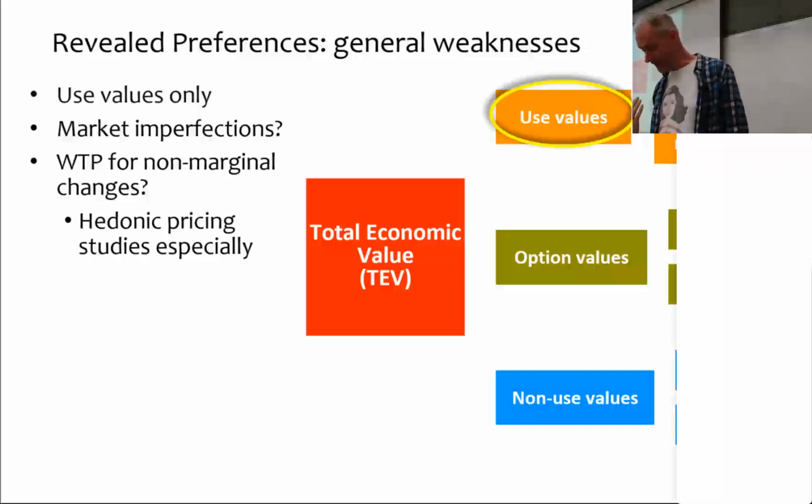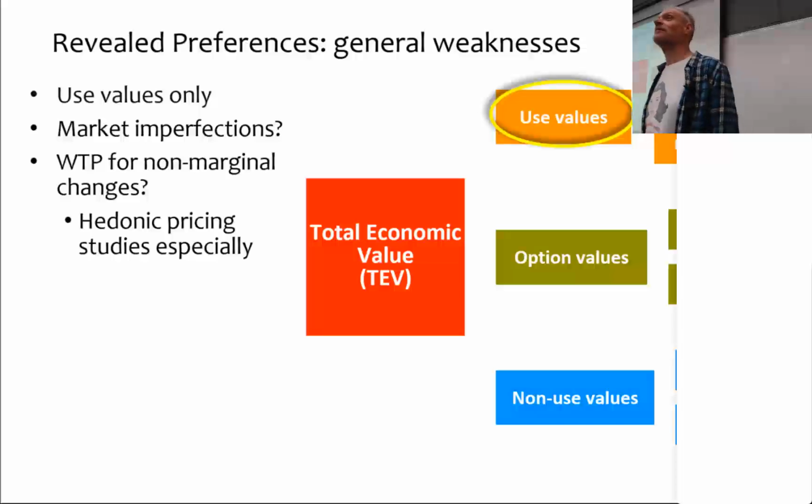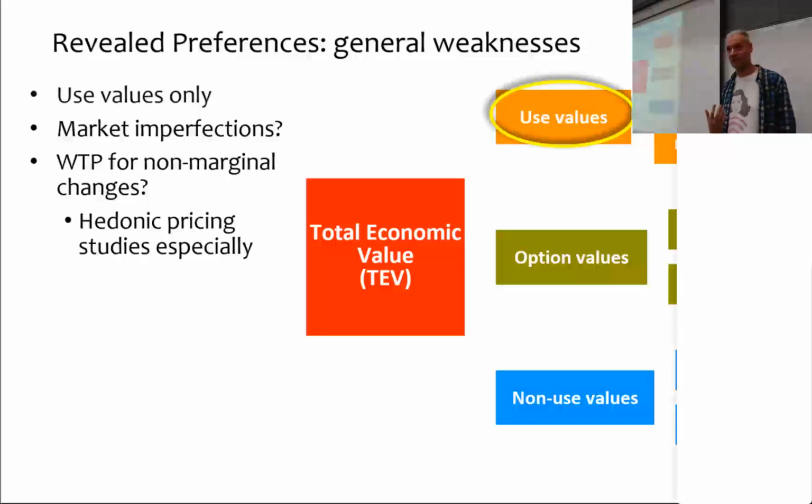A third drawback is that by looking at markets, by inferring preferences from people's behavior, you're very much tied to a marginal calculus, right? And that means that the values you're going to derive make sense for small changes in the environment, but not necessarily for larger changes in the environment, right?